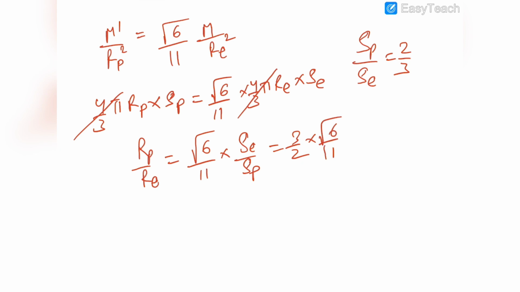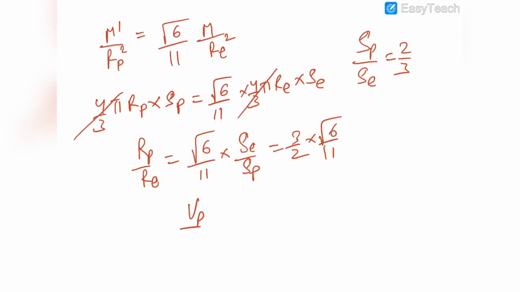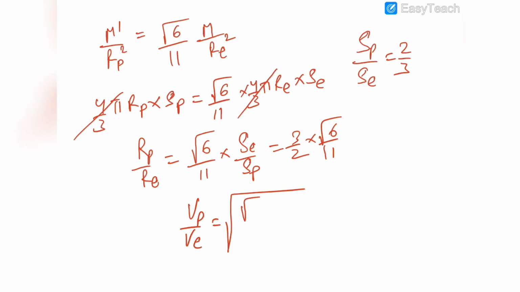So we have to substitute this value in Vp by Ve. So Vp by Ve is equal to under root of 6 by 11 into Rp by Re, and Rp by Re is 3 by 2 into under root of 6 by 11. Okay, so you can see that this is 3 by 11.